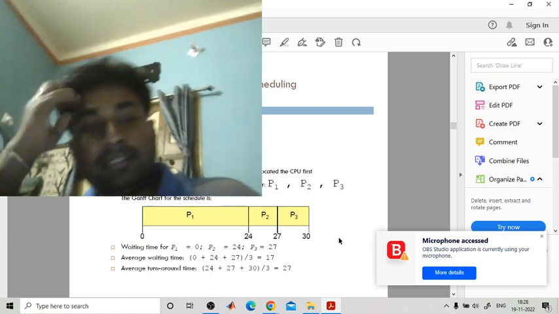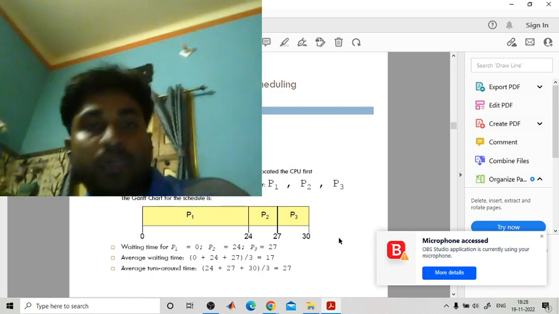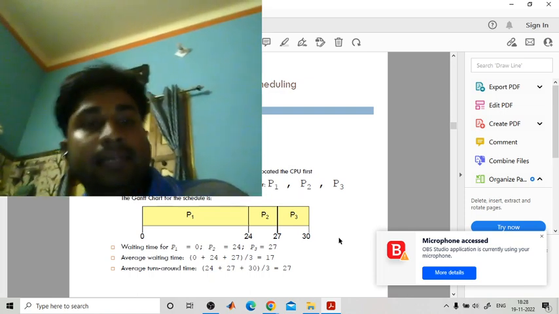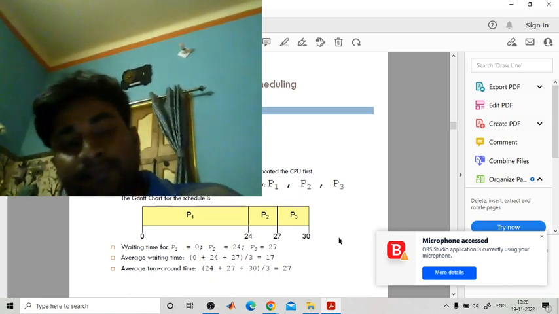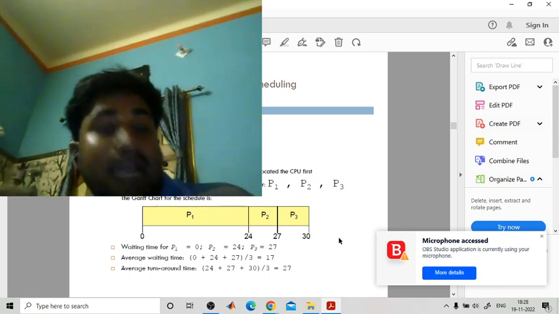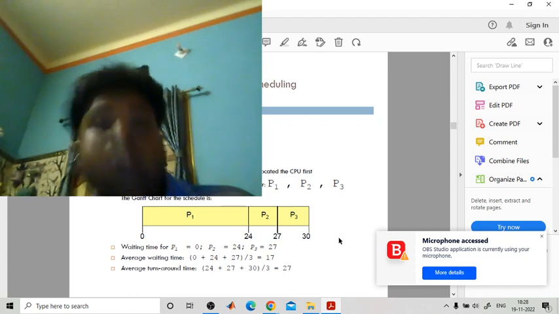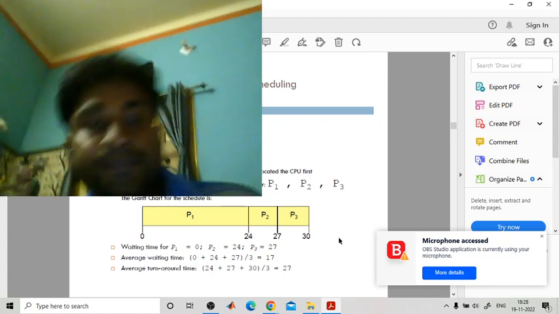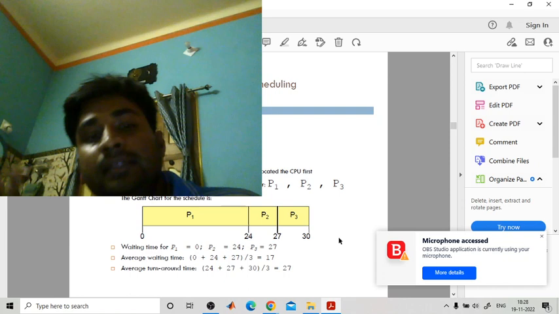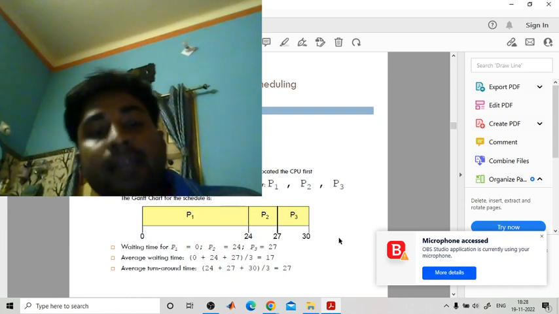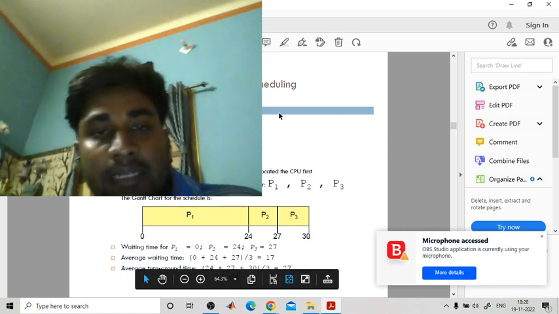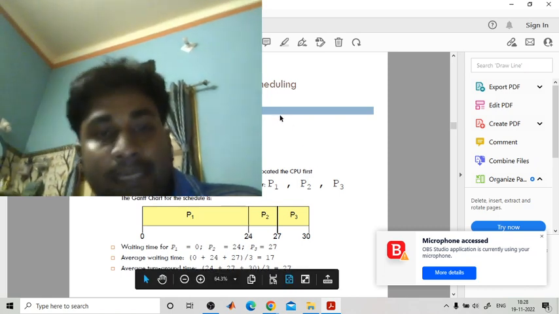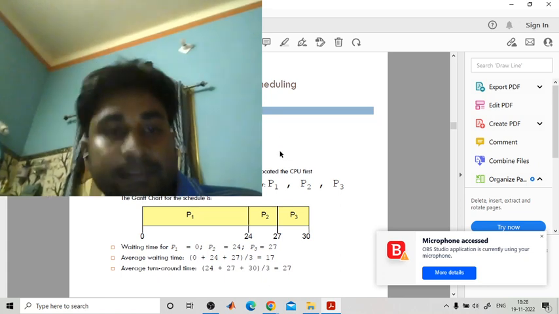So that means the CPU time for P1 is 24, P2 is 3, and P3 is also 3. And the arrival time is not given here. Therefore, we have to consider that they all came at 0 milliseconds. Okay, so 0 is the arrival time for the processes P1, P2 and P3, all of them.